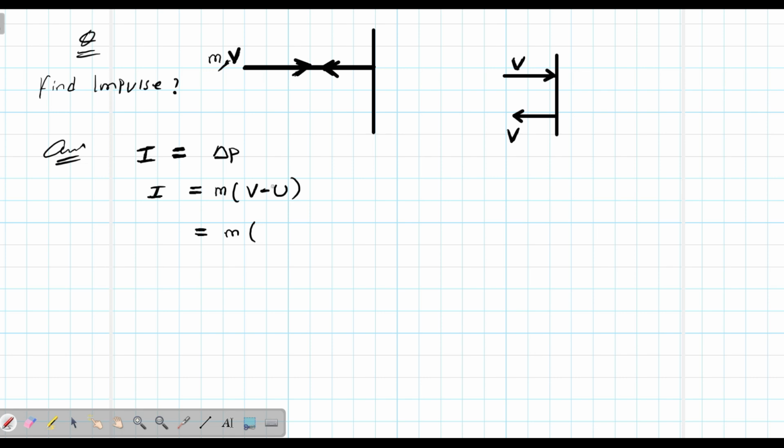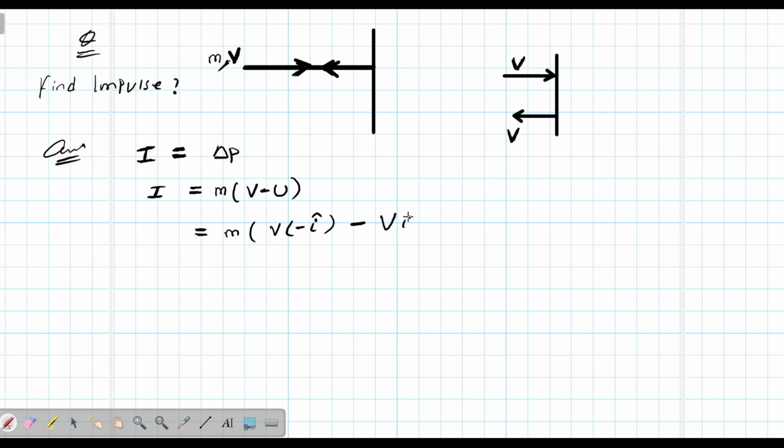So I equals to m (v minus u), that is final speed minus initial speed. So final speed equals to how much? Final speed is v minus I cap.